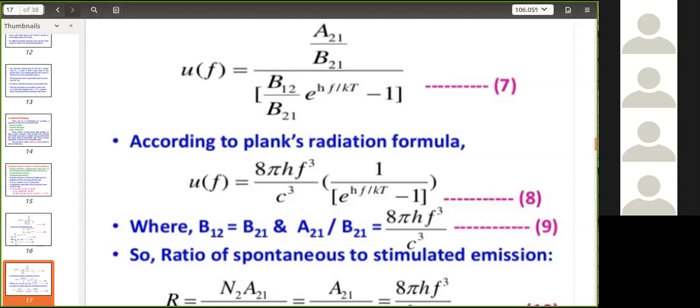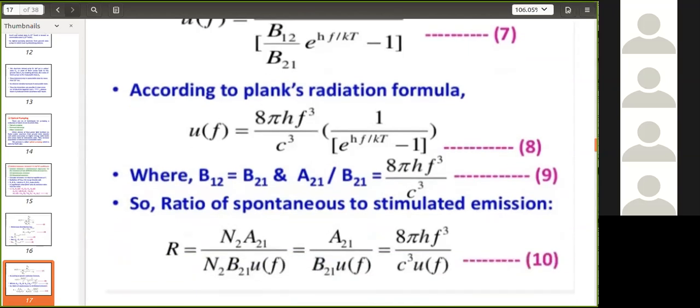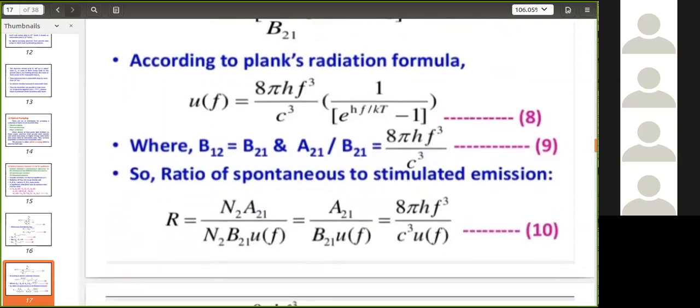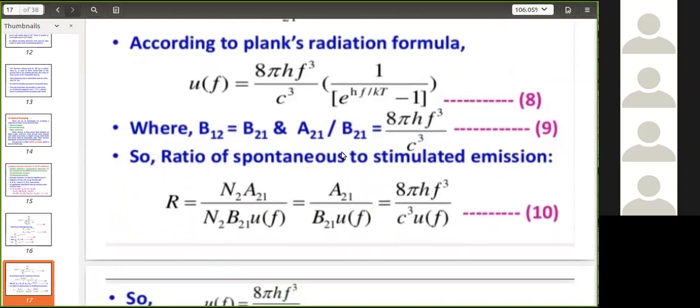So यहाँ से क्या हम conclude कर सकते हैं that the ratio of spontaneous to stimulated emission is given by N2 A21, this is the rate of spontaneous emission, divided by N2 B21 UF, that is the rate of stimulated emission. तो यहाँ से मिलता है हमें this is equal to A21 by B21 into UF, because N2 cancels out, and A21 by B21 का वैल्यू यहाँ से मिलता है, तो we will put it here.